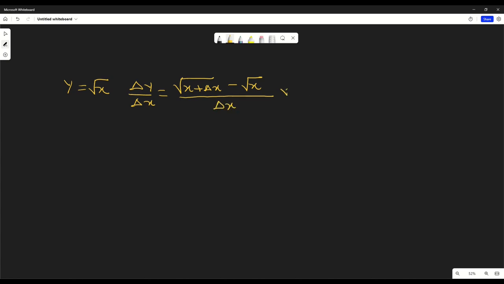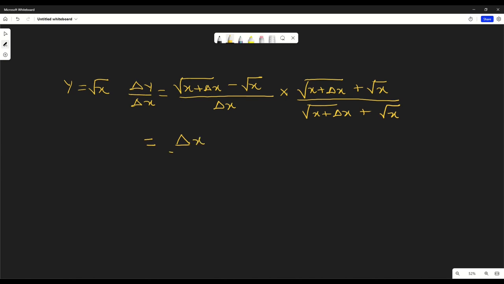Now let's multiply both numerator and denominator by the following: root of x plus delta x plus root x. Now what this will do is it will actually simplify the expression quite a lot, because when we apply this we get the following.